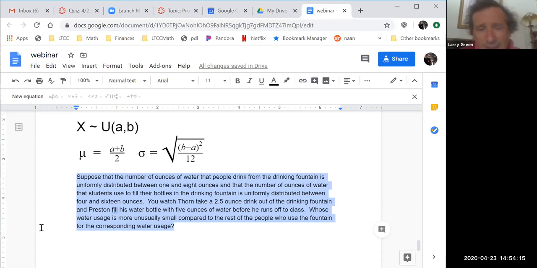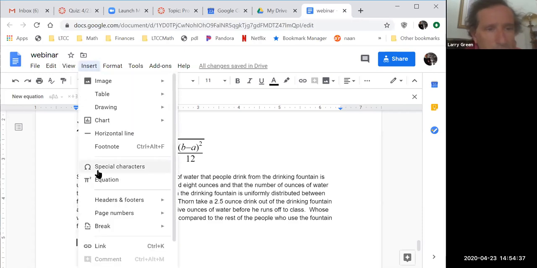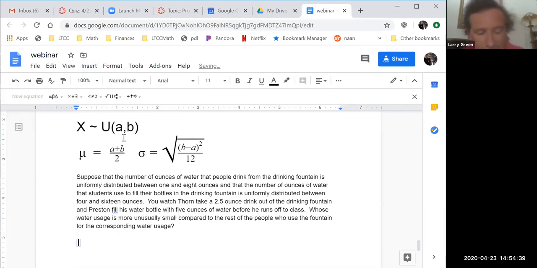Now what I want to ask y'all is, and we've had this, how do we measure how unusual a value is? The hint is that was in chapter 2. Yeah, the z-score. So we need the z-score. Let me remind you first that z was equal to a fraction, x minus mu divided by sigma.